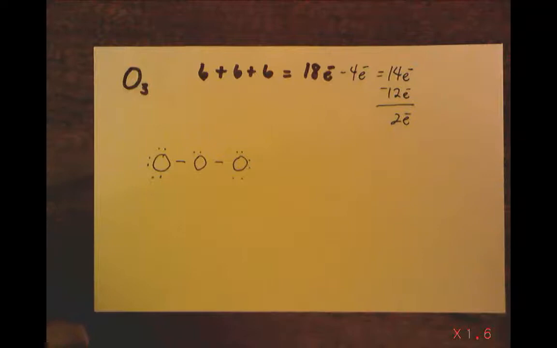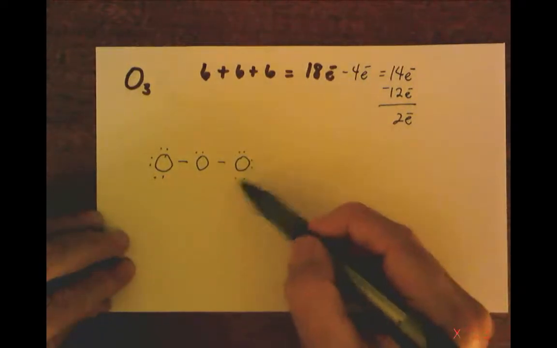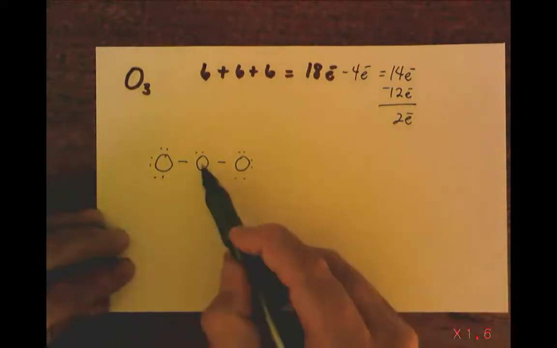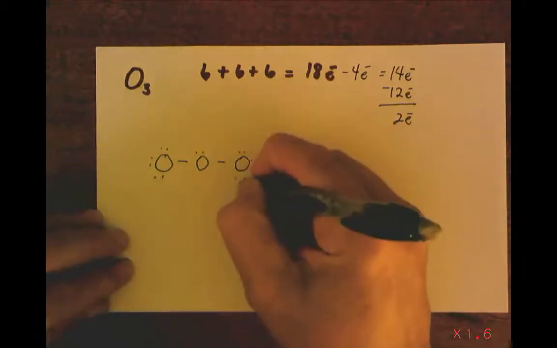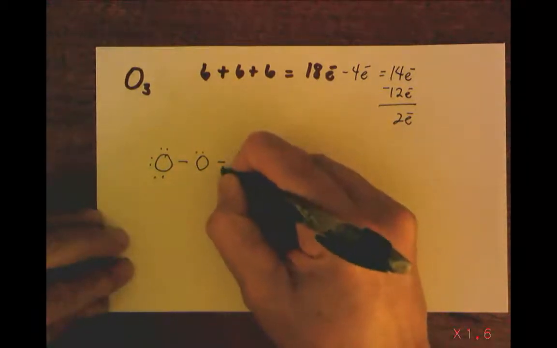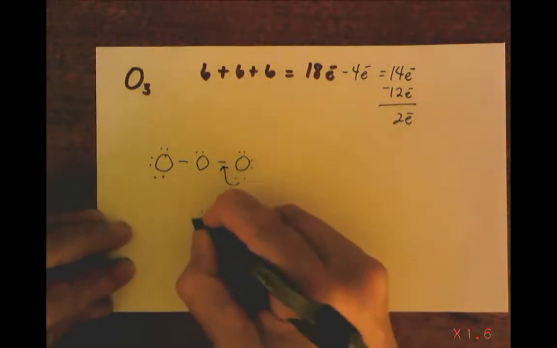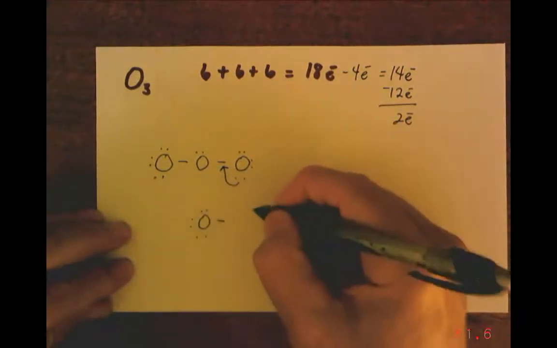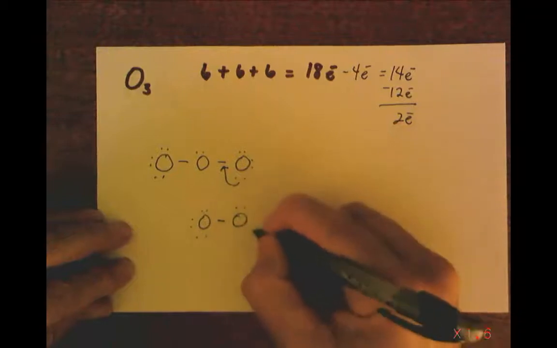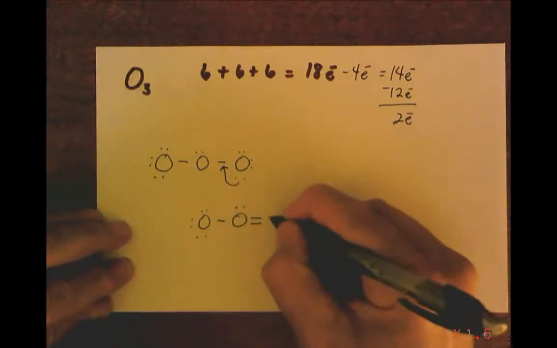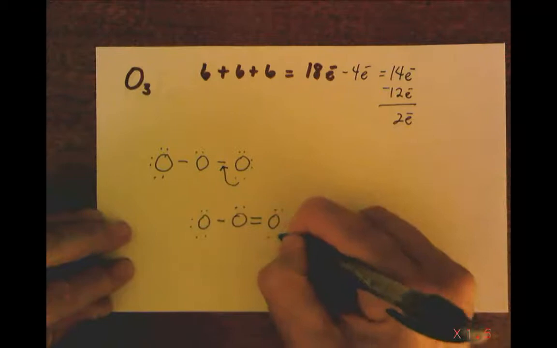All right, so it looks like 2 of the 3 are content with their octets fulfilled. Center not content. So what we have to do is take a pair and push it in between. Okay, so we end up with our 1, 2, 3, 4, 5, 6. 1, 2, double bond, 1, 2, 3, 4.